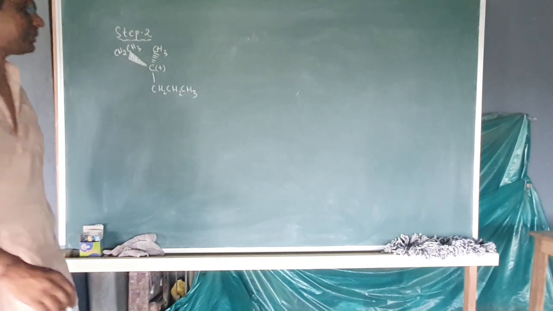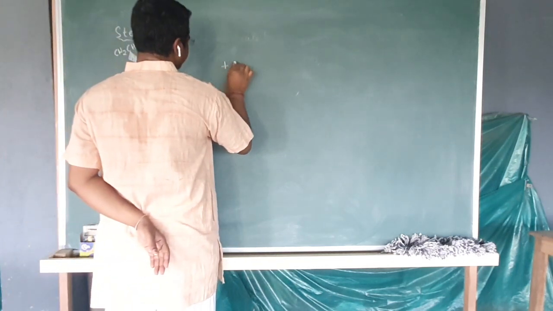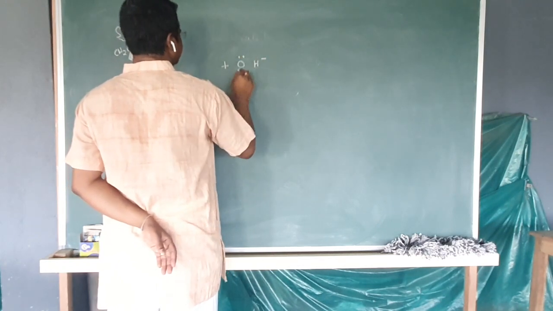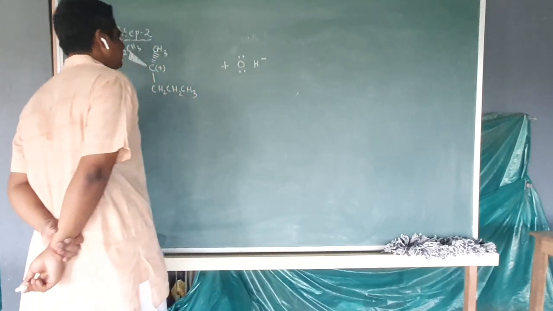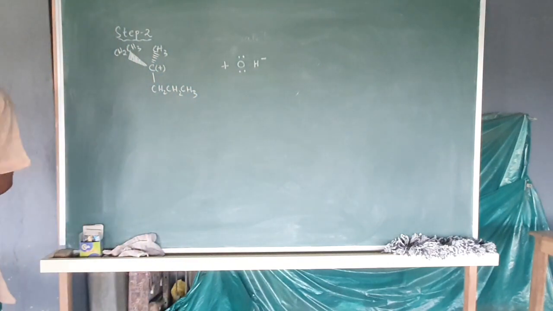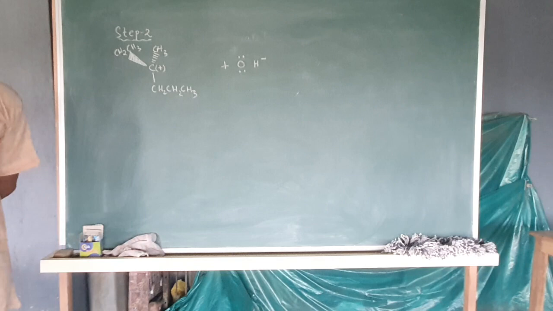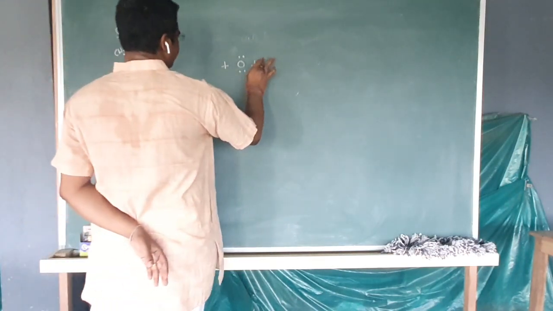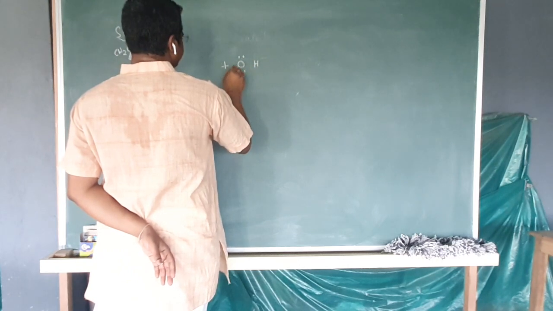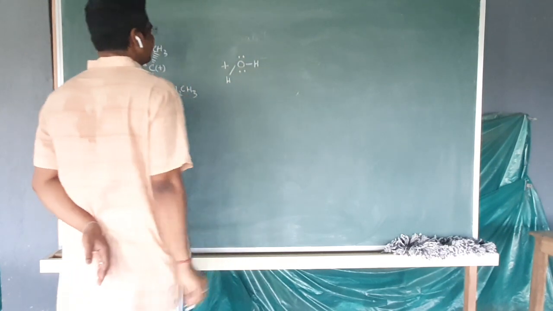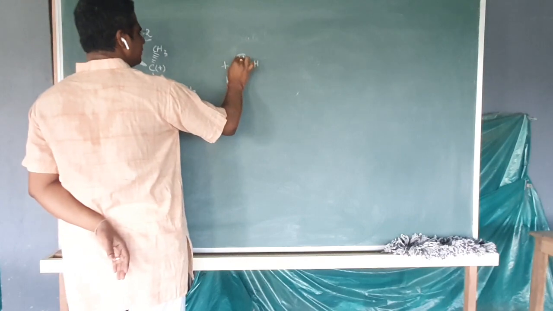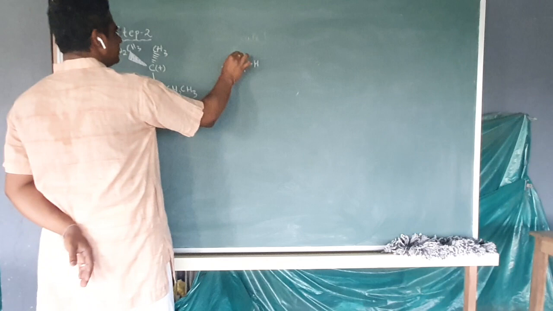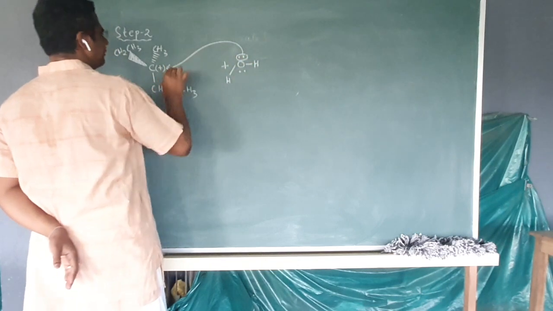Let's take OH minus. Okay? OH minus is going to attack at this. So OH minus is generally provided by a water molecule. So I will first take one water molecule over here. You can take alcohol also. So this water molecule is going to attack this one.